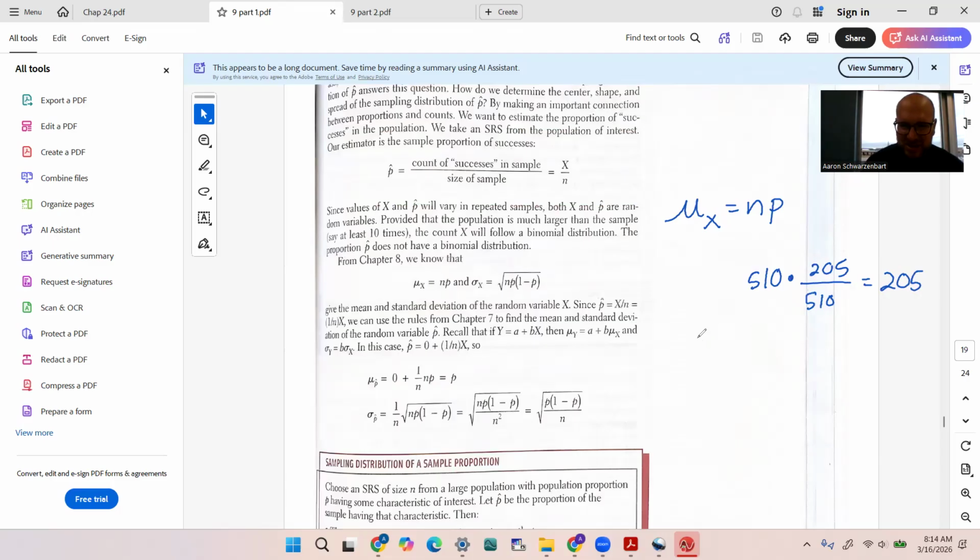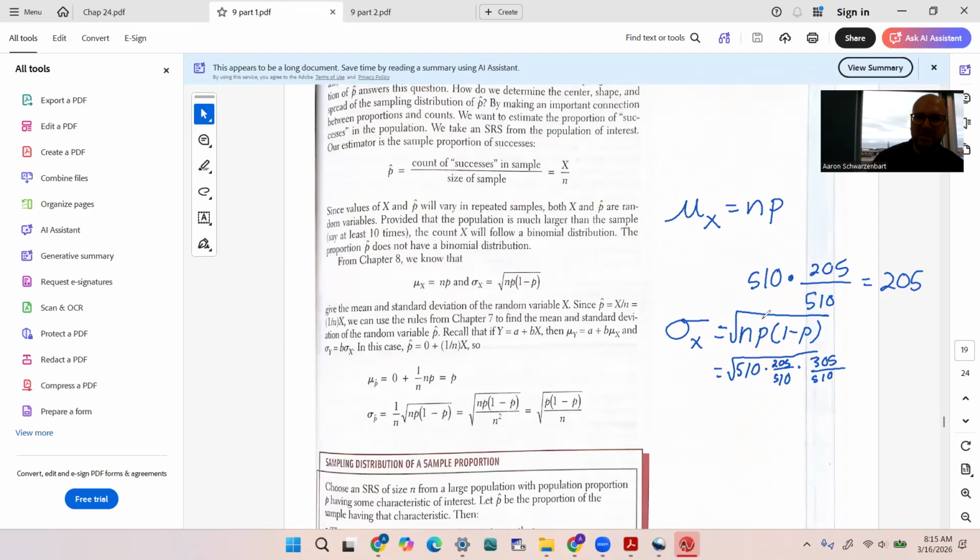The standard deviation, unlike your normal complicated formula for standard deviation, is actually a relatively simple formula. NP times 1 minus P. So in my case, 510 times 205 over 510 times 1 minus P, which would be 305 over 510.